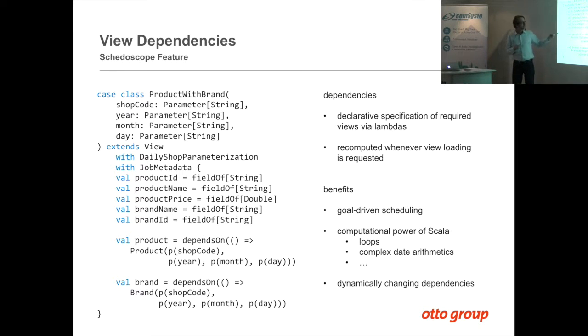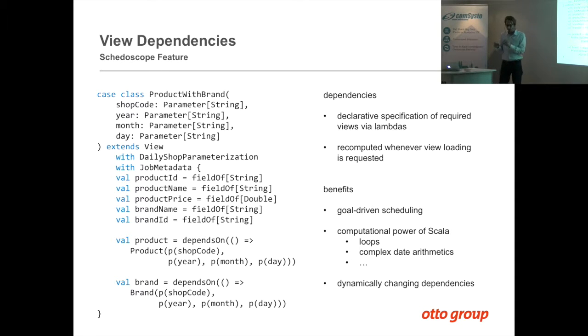So here you say that this view depends on some other view with the same parameters as this view here, and here also. And that's the second core point of the system, that you have the dependencies dynamically in the class where you specify the view itself. So you have one place where you specify everything.